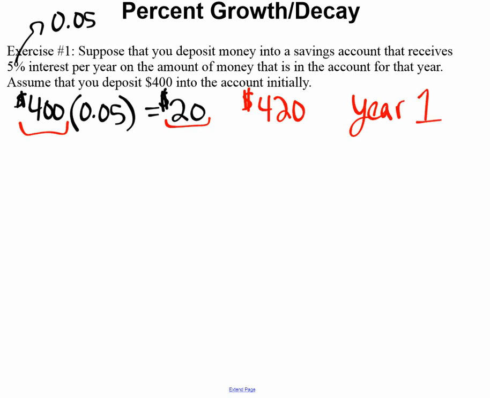Okay, well, now let's say I want to find out year two. So I'm going to take that 420 and I'm going to get 5% interest off that. So I'm going to take $420, figure out how much interest I have. So again, I'll multiply that by 0.05. That's going to give me my interest.